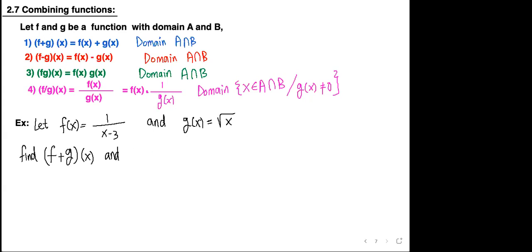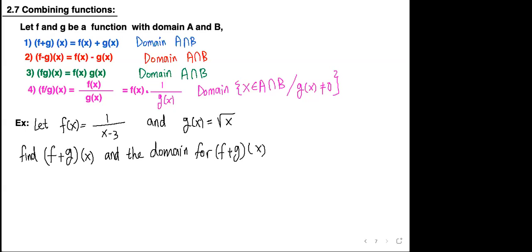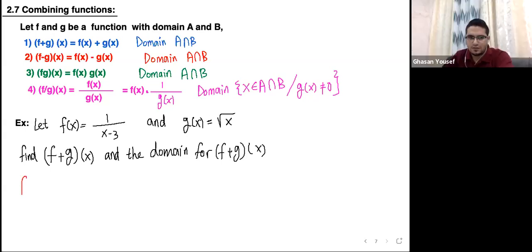Is it going to be, according to the formula, 1 over x minus 3 equals square root of x? What is the definition for this?